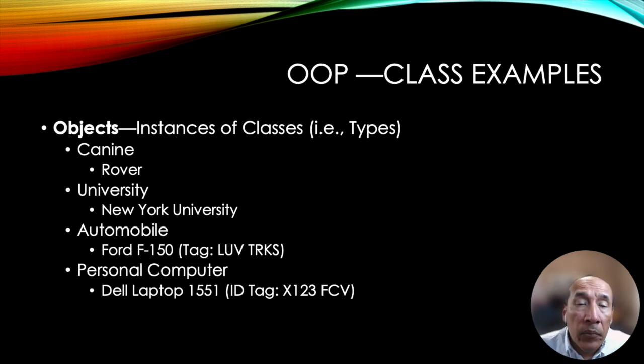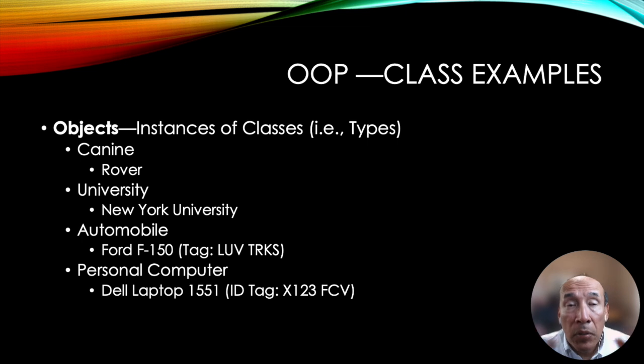Why do I have the tag LUV trucks for the automobile example? It's because I can't just say a Ford F-150 is an automobile. It needs to be specific. All right. So in this business example, I am modeling specific vehicles with a license tag. So a Ford is an instance of an automobile type. Now maybe the laptop you have is a Dell 1551.